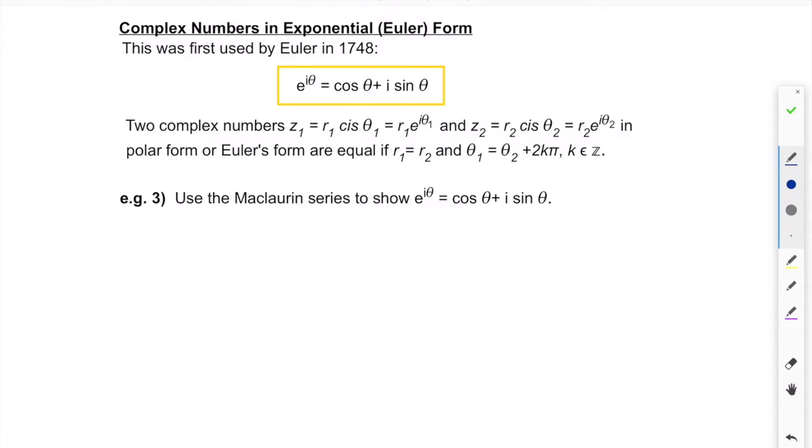So why Euler's form? Well, because we can use its properties, we can solve a lot of problems later on. If I have to take powers of complex numbers, we can use exponent laws. We can even use the Maclaurin series, and this allows us to work using some sort of polynomial, right? So let's use the Maclaurin series to show that Euler's form e to the power of i theta is indeed equal to cosine theta plus i sine theta.